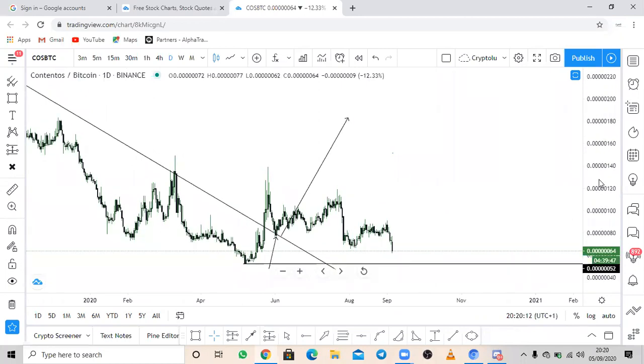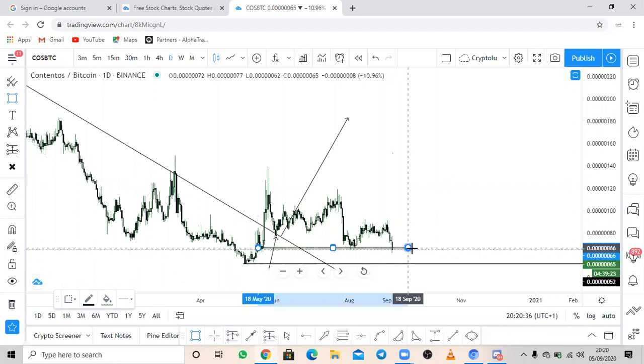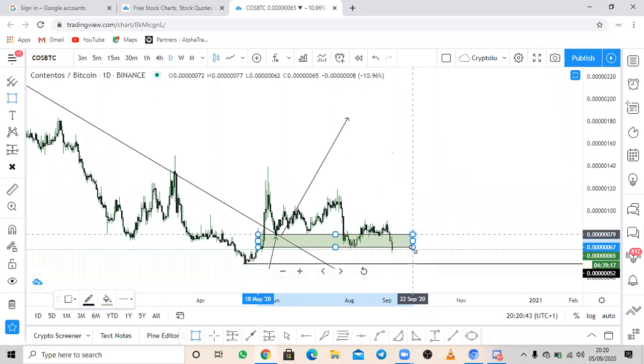So we have a support level around here, which price has clearly broken out of, and we have another one around this level here. Just like the first explanation that I did about Bitcoin Gold, I wouldn't be entering my positions like that.